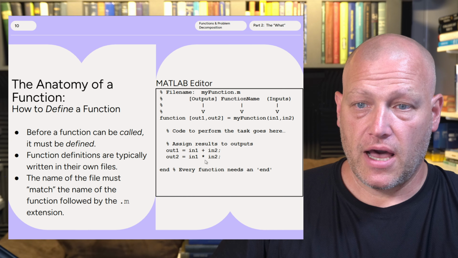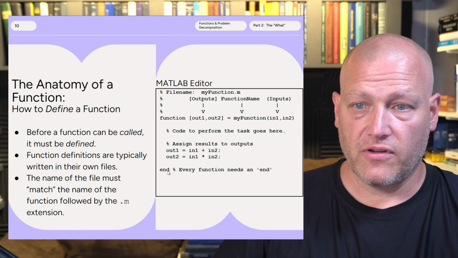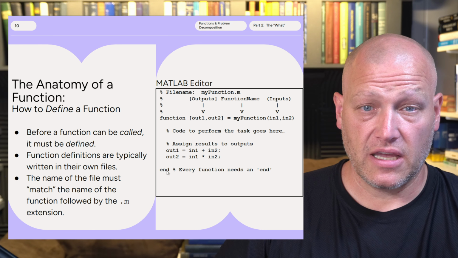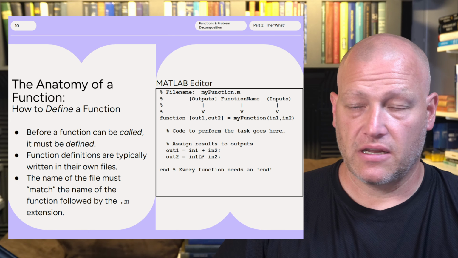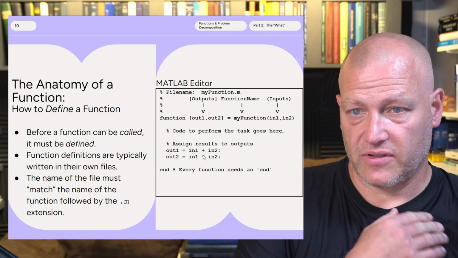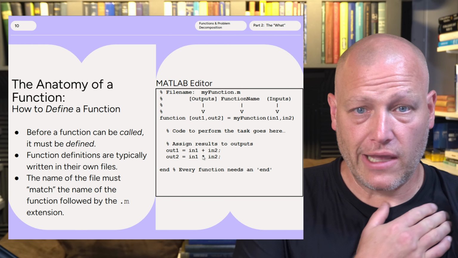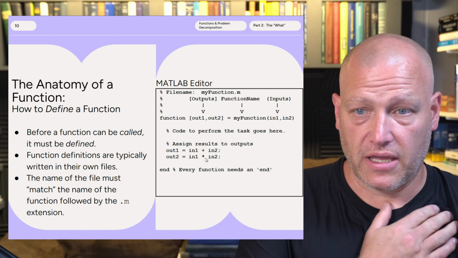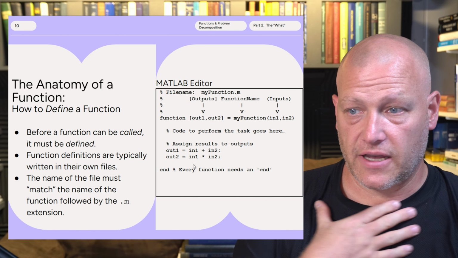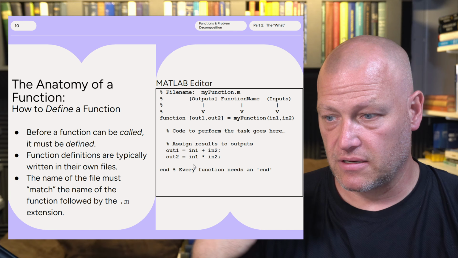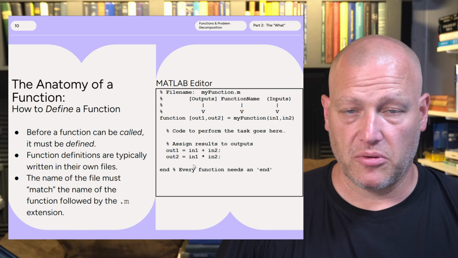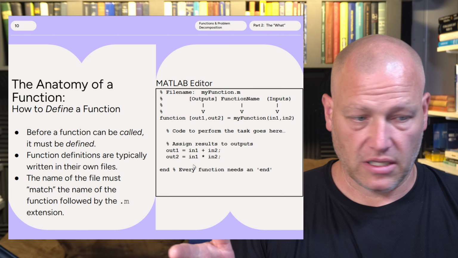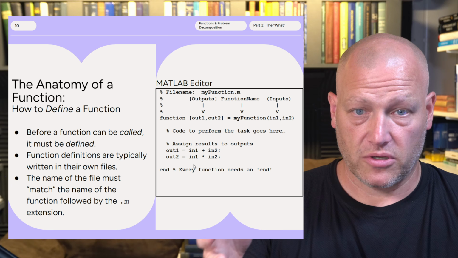And finally, every function has to have this special keyword at the end called end, like literally the word end. Every function needs it. And if it's not there, MATLAB might complain, or it'll put it in there for you, but you need to have it there. It's kind of like a bookend to all the stuff that's in between. Like bookends typically have a bookend on the left and a bookend on the right, and then you have all the books in between them.